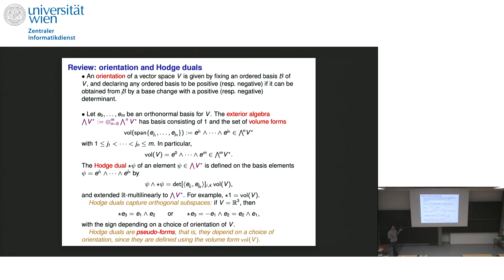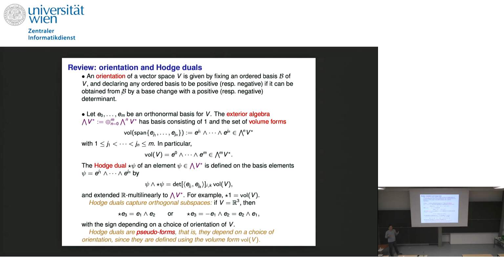And the Hodge dual, star psi of an element psi in the exterior algebra, is defined on the basis elements just as usual. So psi wedge star psi is proportional to the volume form of the whole space. And this is extended R-multilinearly to the exterior algebra. For example, star of 1 is the whole volume form. So Hodge duals capture orthogonal subspaces.